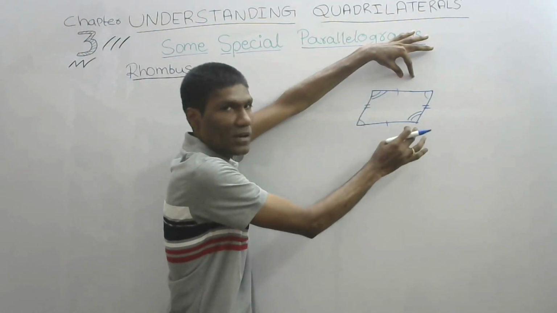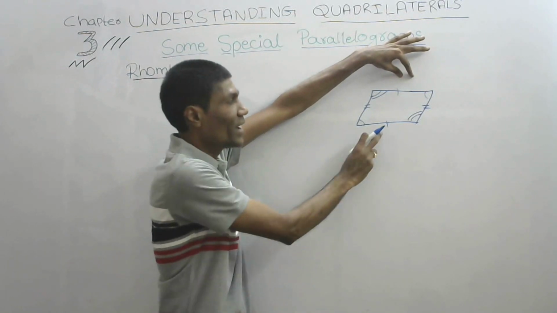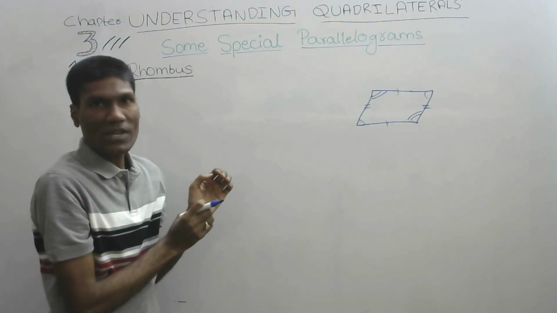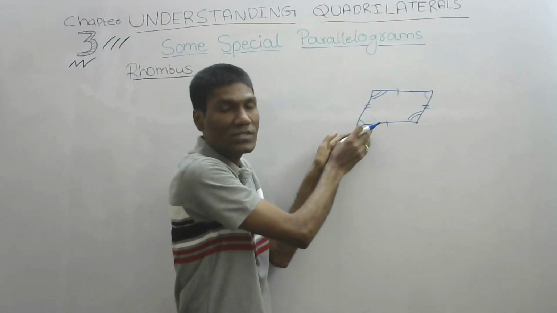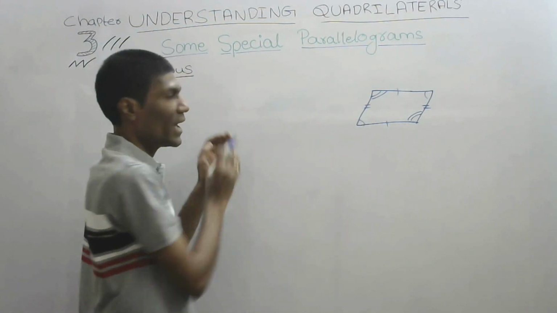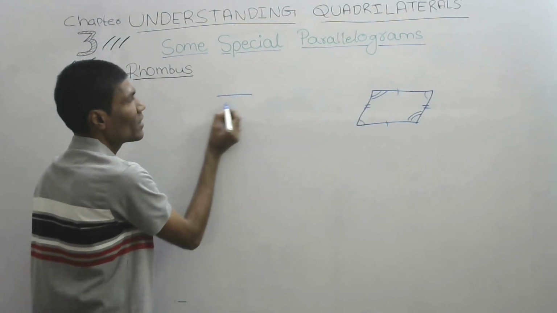In this parallelogram, if all four sides are equal, then it will become a rhombus. A special parallelogram in which all four sides are equal is given the name rhombus. Let us see how it will be.